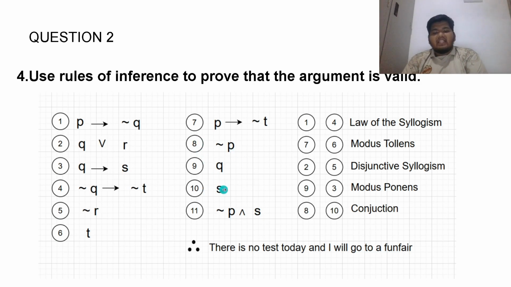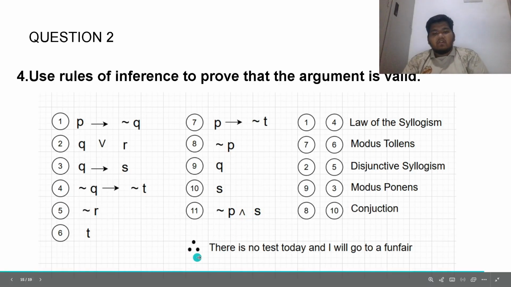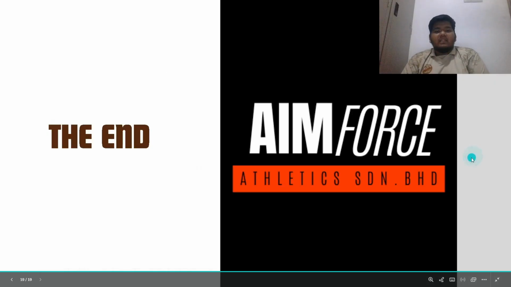And by combining these using conjunction, we can get not P and S, which if we transform into words, the conclusion will be, there is no test today and I will go to the fun fair. And that's it. Thank you.